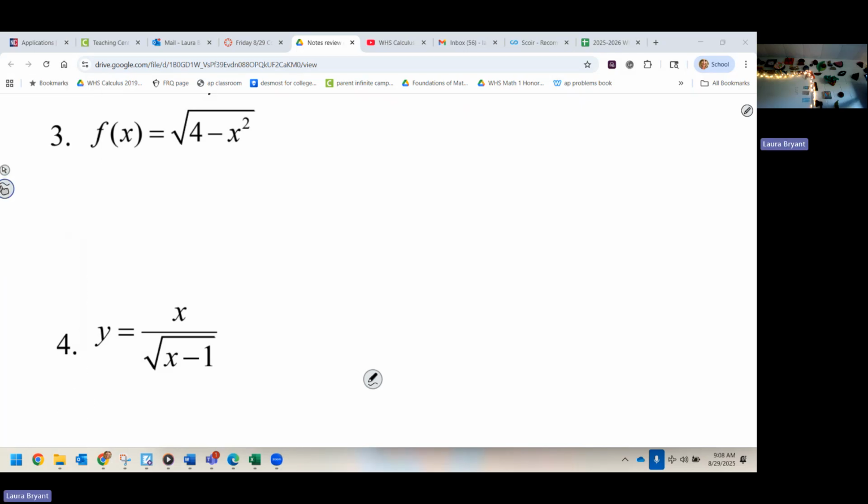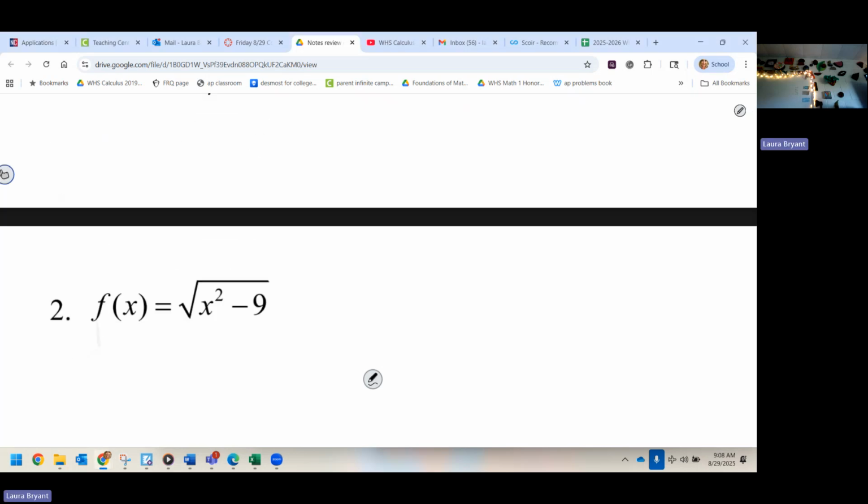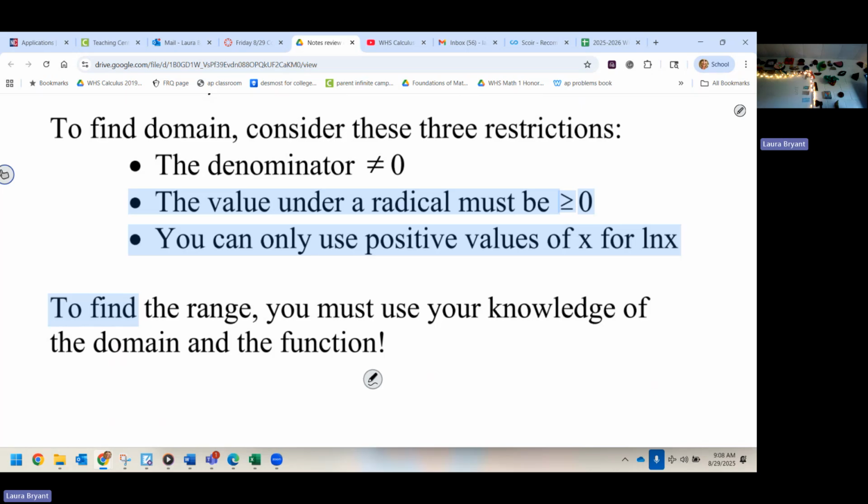Just real quick, this right here will always be greater than or equal to for a square root. Now I'm going to show you one exception to that rule, and it's if the square root is in the denominator of a fraction, because then it uses both those rules at the same time. That's the only time you only put a greater than, which is what we're about to do.